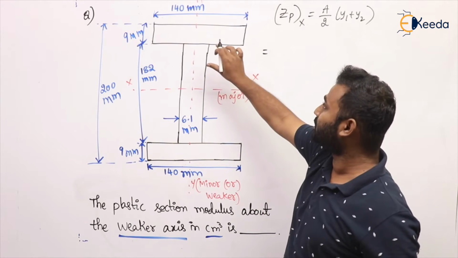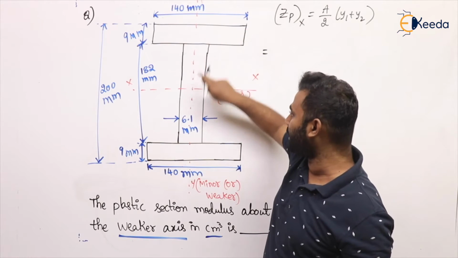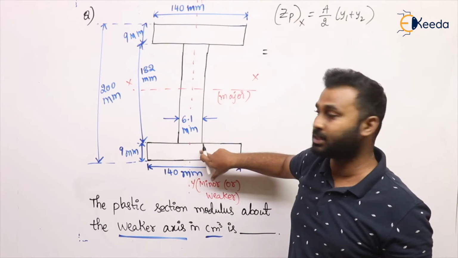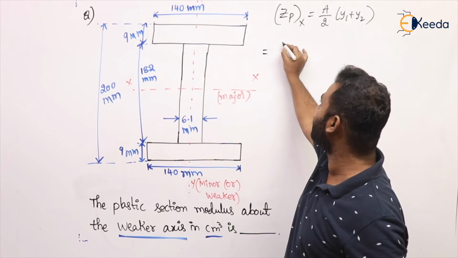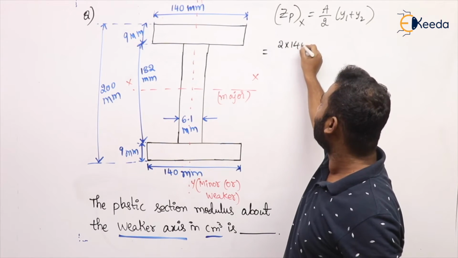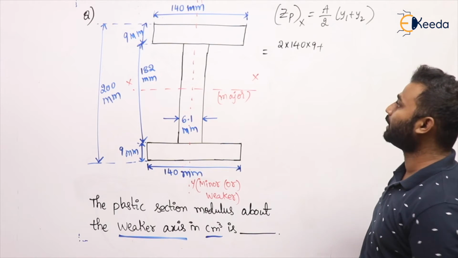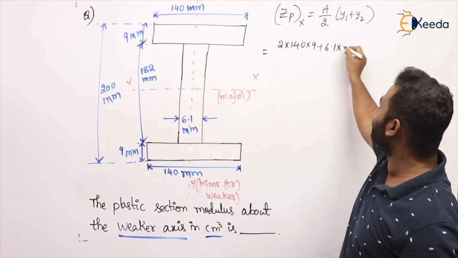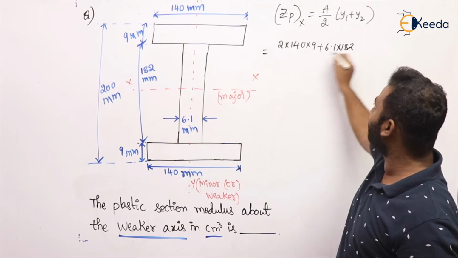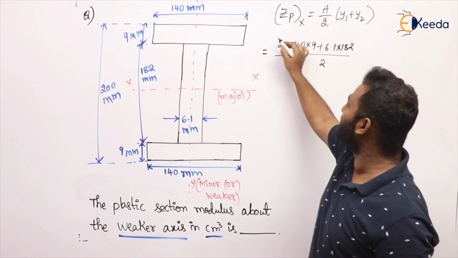Now, what is the total area? Total area is nothing but two flanges, or two horizontal rectangles, and one vertical rectangle. So the area is 2 into 140 into 9 plus 6.1 into 182, divided by 2. So this is A by 2.